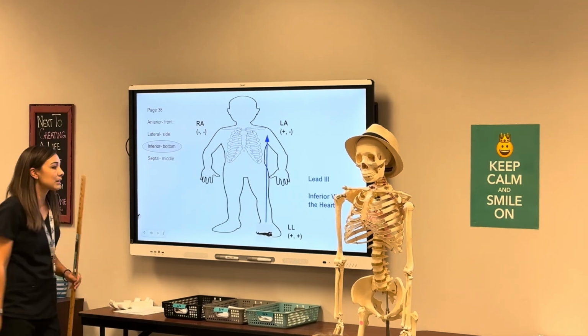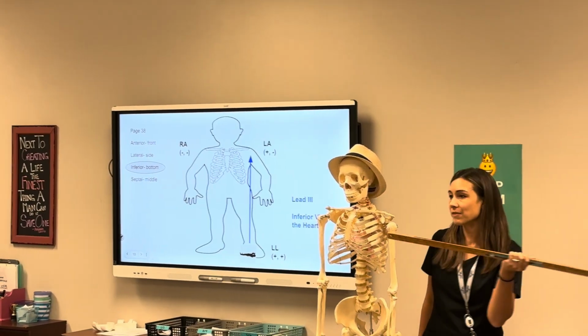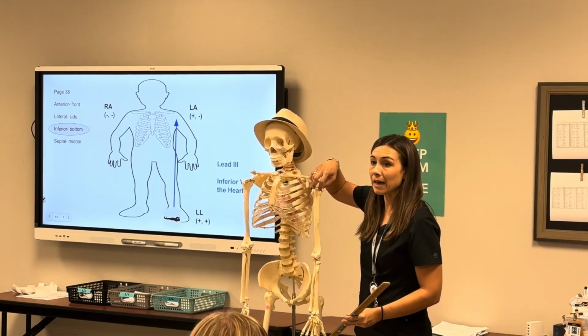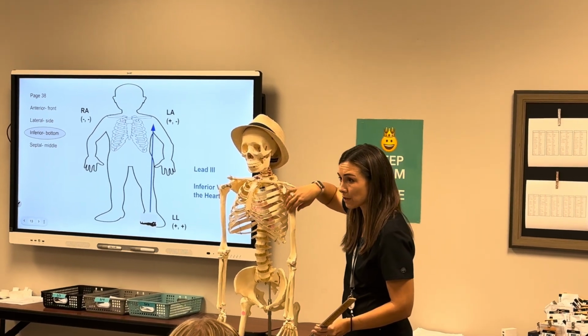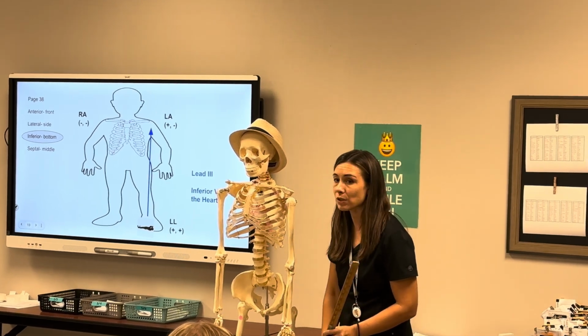Now we have lead 3. Lead 3 is going to use left leg and left arm. Left leg is going to stay positive. Left arm is going to become negative. So which way are we measuring electricity? Negative to positive, or left arm to left leg, and which way are we looking?